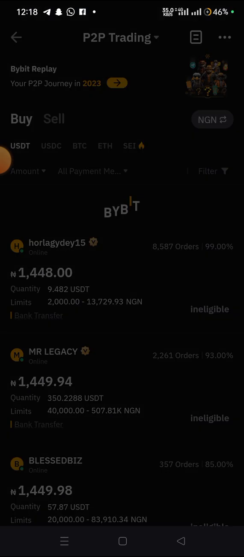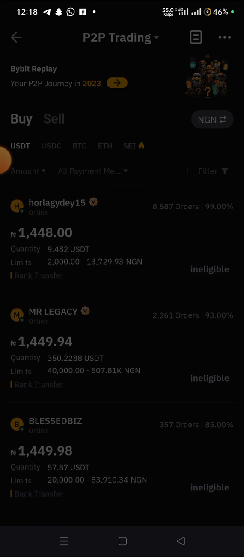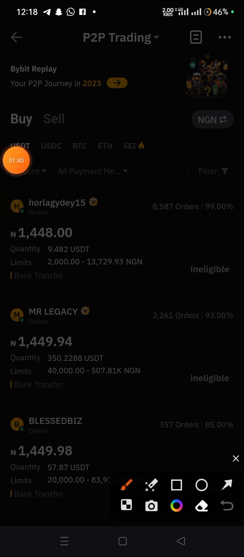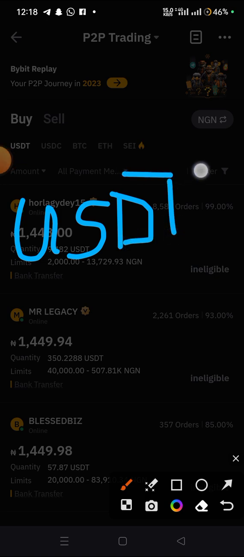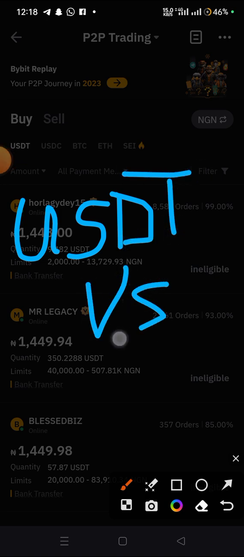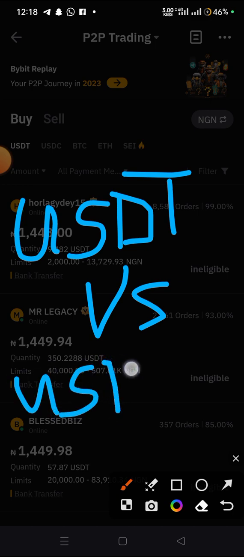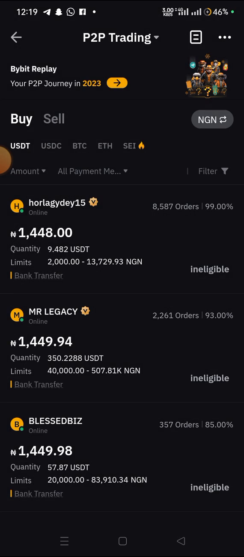Now we want to do P2P trading between USDT versus USDC. Both are stable coins. So now let's dive into it.